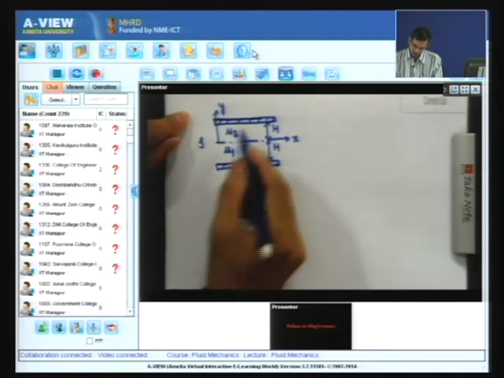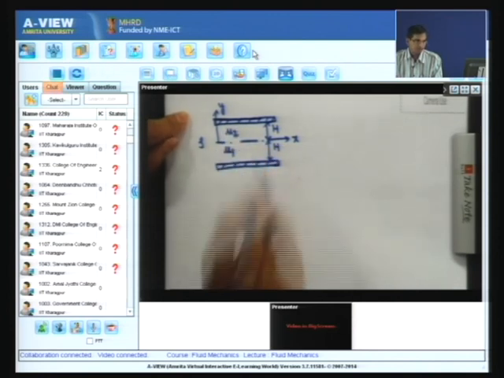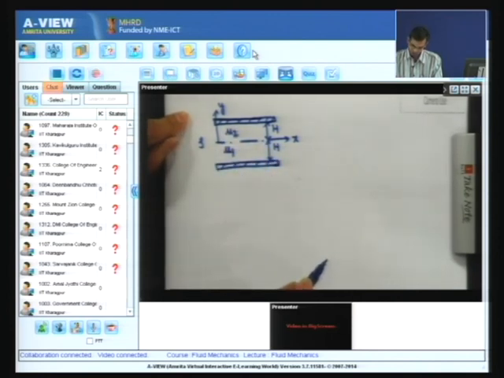You have to derive the velocity profile for the two different layers of fluids.